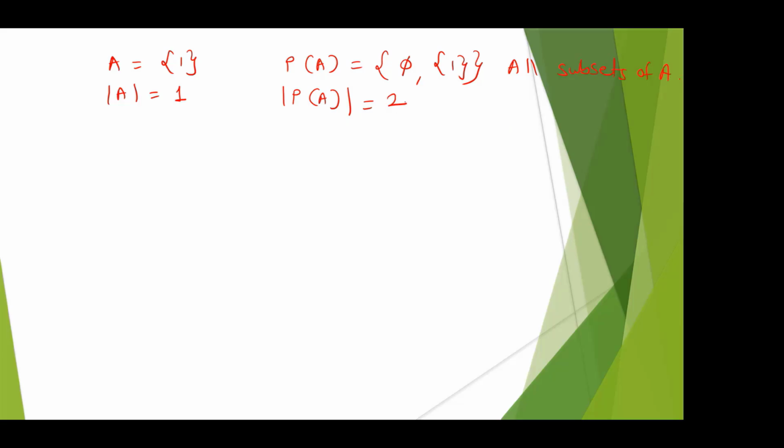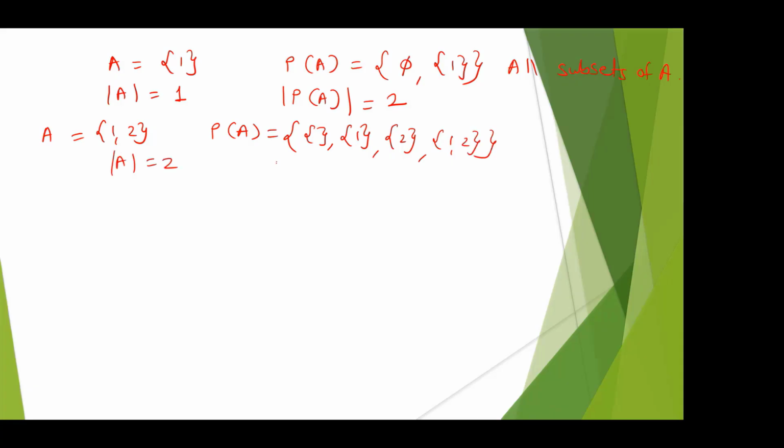Now the power set has two elements. If A has two elements, we saw that the power set has null, which we can write in this way, or the empty set, then {1}, {2}, and {1, 2}. So if A has two elements, the power set has 4 elements. How about if A has 3 elements? 8, yes.